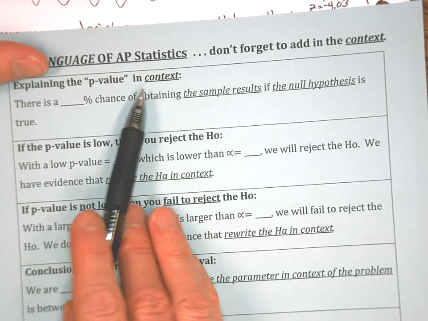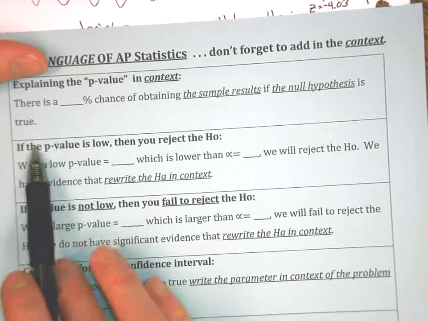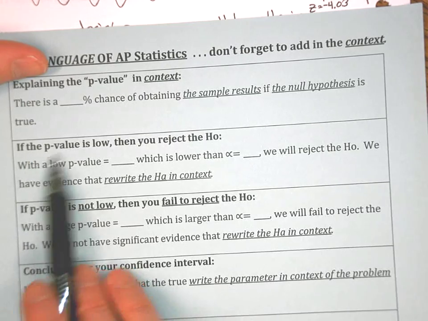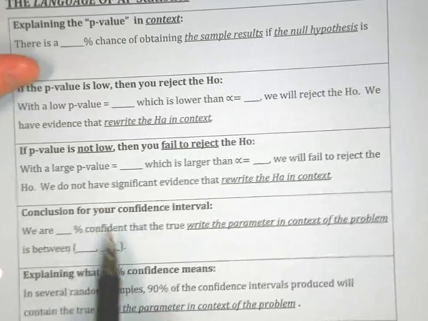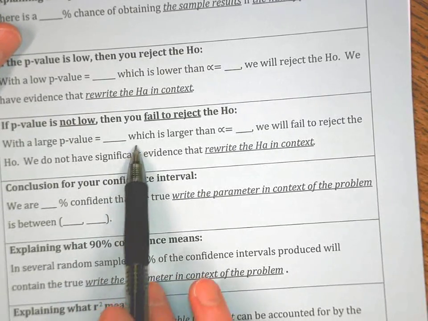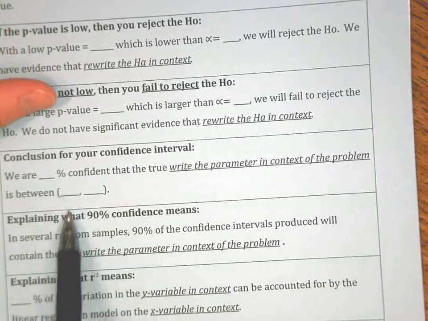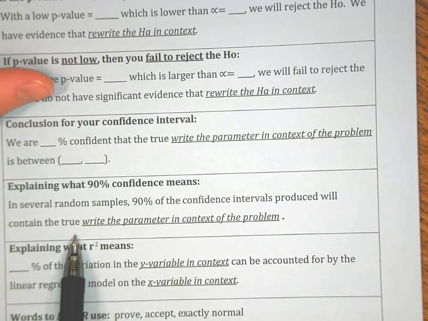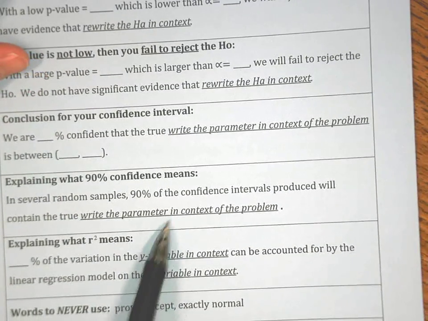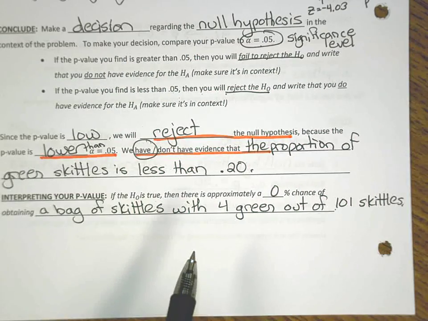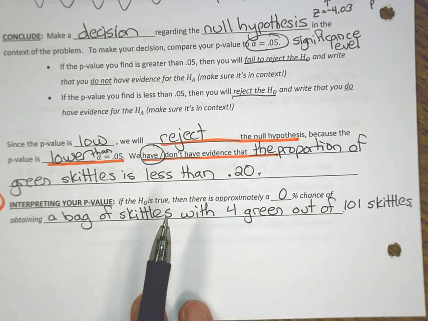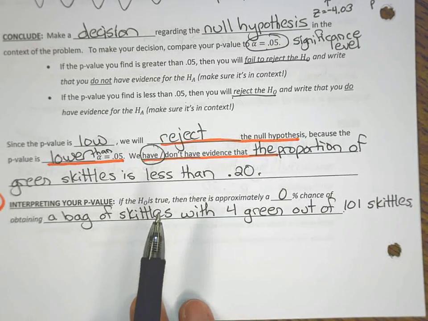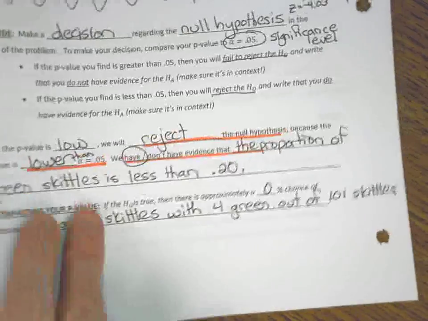What the p-value means in context, what you do if the p-value is low, and what you do if the p-value is not low. We have our conclusion for a confidence interval, explaining what confidence means. And there's more on the rest of the paper. But that way you get used to writing the way that they are expecting you, the people grading your AP exam, how they're expecting you to write your answer.